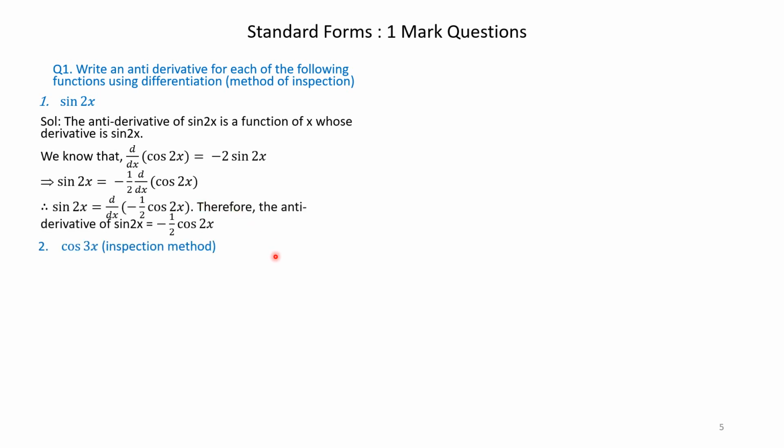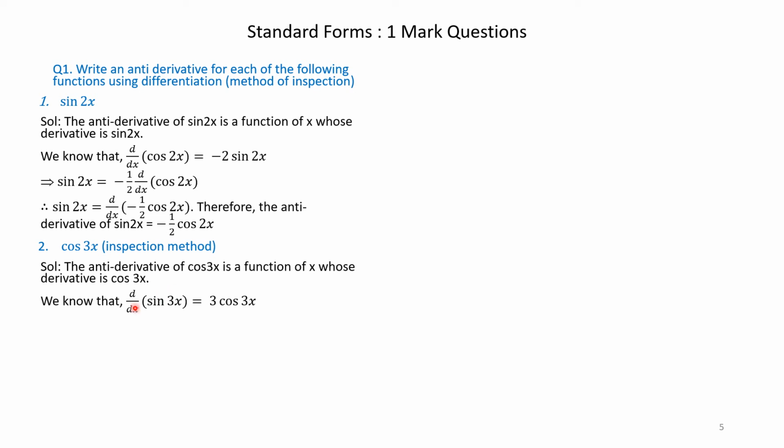Question number 2. Cos 3x. That is, write an antiderivative of cos 3x using differentiation. The antiderivative of cos 3x is a function of x whose derivative is cos 3x. We know that d by dx of sin 3x is equal to 3 cos 3x.